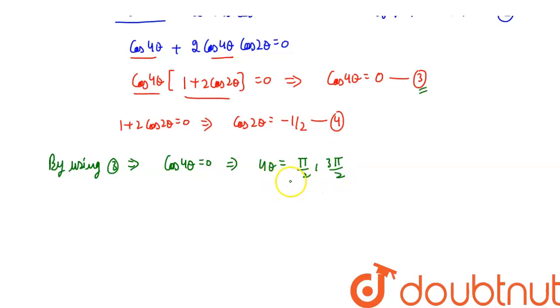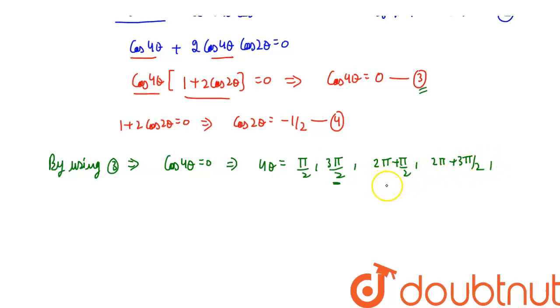And since cosine is a function which repeats itself after a 2 pi cycle, we are going to add 2 pi to it, because that would also be a solution of this equation. So we get 2 pi plus pi by 2, and if we add 2 pi to it, then we get 2 pi plus 3 pi by 2.